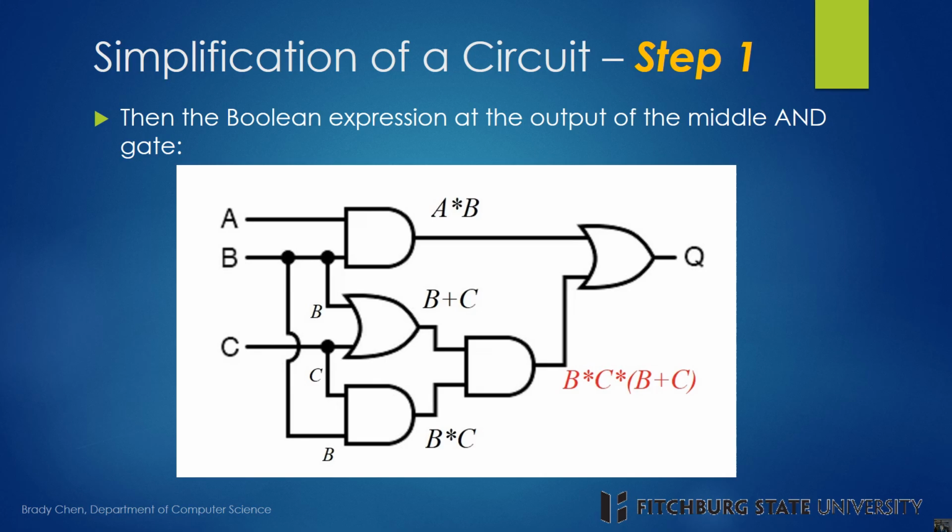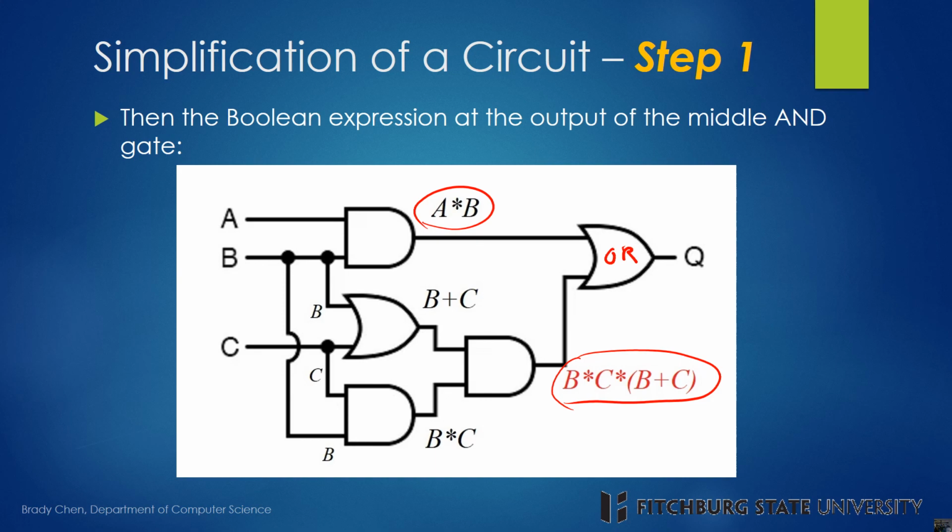So now let's take a look at the last gate, which is the OR gate. After the last gate, we will get the final result. So there are two inputs, A times B and this expression.